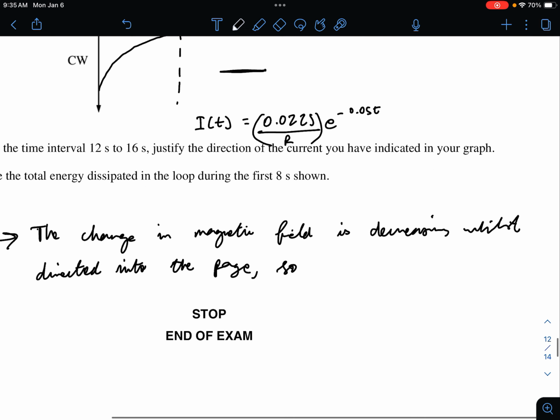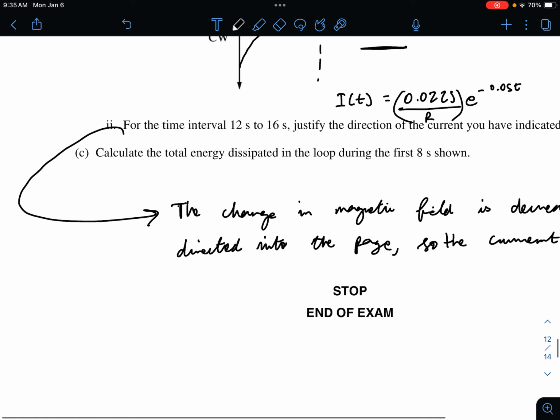So the current will induce a magnetic field to oppose that change by Lenz's law.